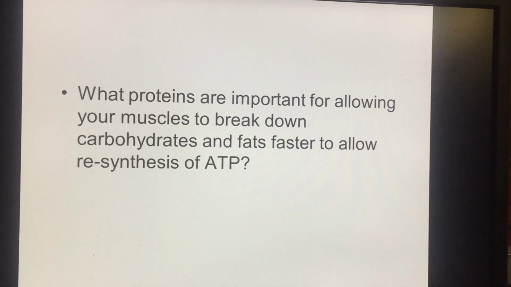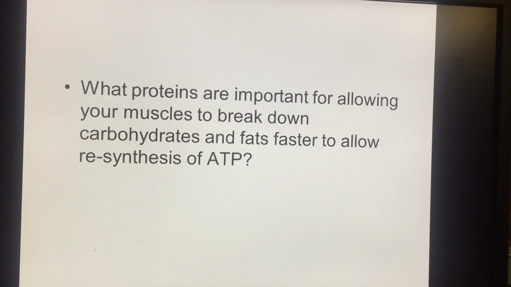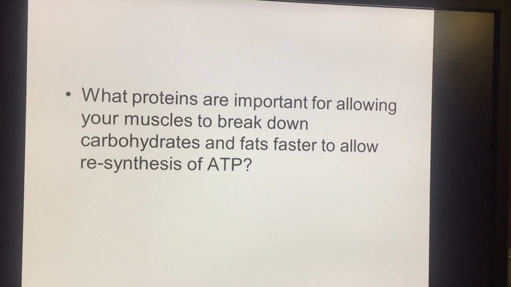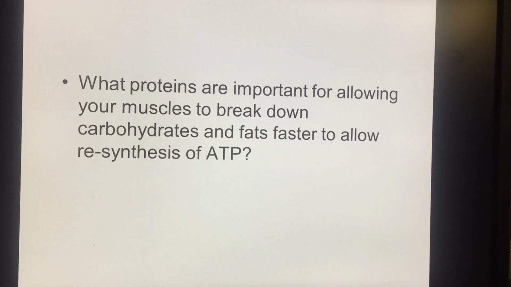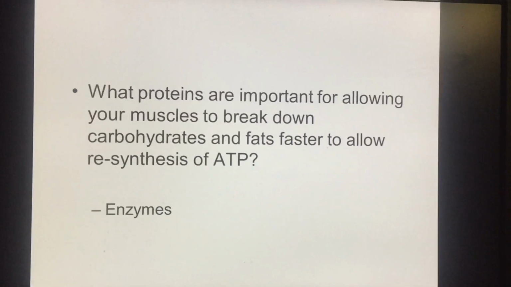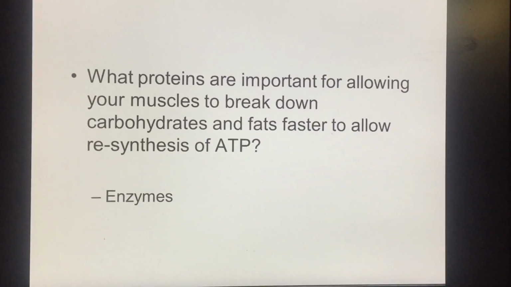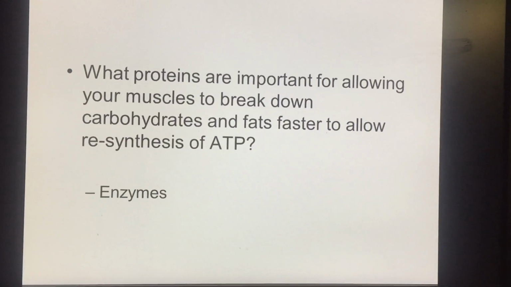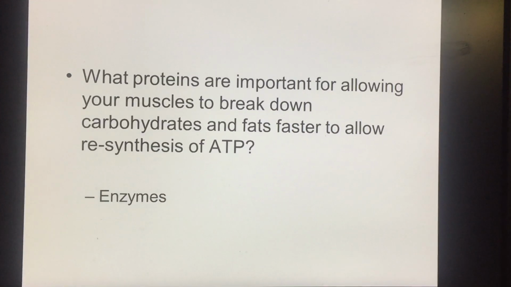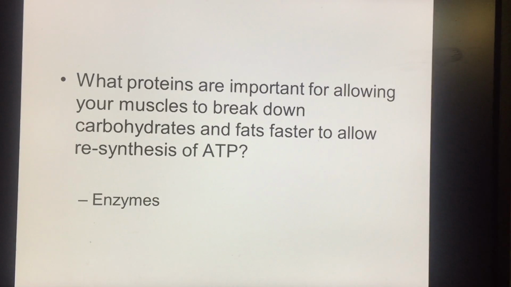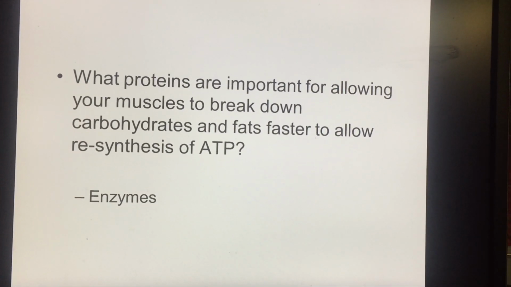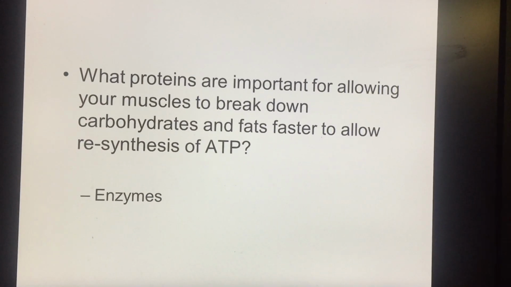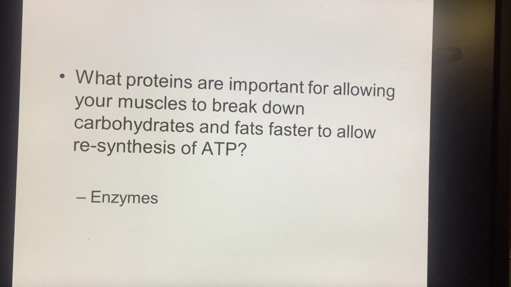So what proteins are important for allowing your muscles to break down carbohydrates and fats faster to allow resynthesis of ATP? The answer here are your enzymes. So enzymes are these proteins that allow faster chemical reactions within your muscles. And those enzymes can be dramatically upregulated as you change your training status, especially with regards to aerobic enzymes.